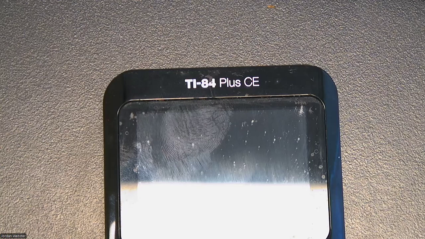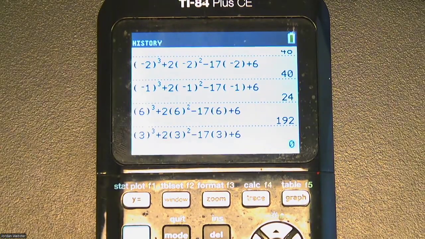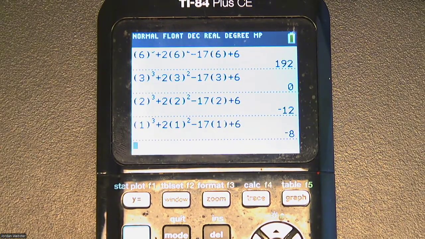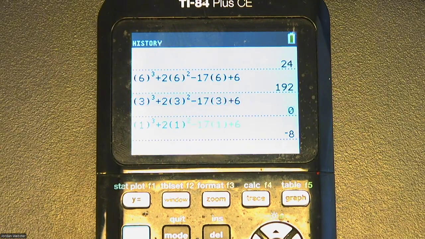I've actually already done the second enter option, so you'll see that on my calculator. So I've already done this, but let's say I deleted plugging in 2, and I wanted to plug in 2 now.